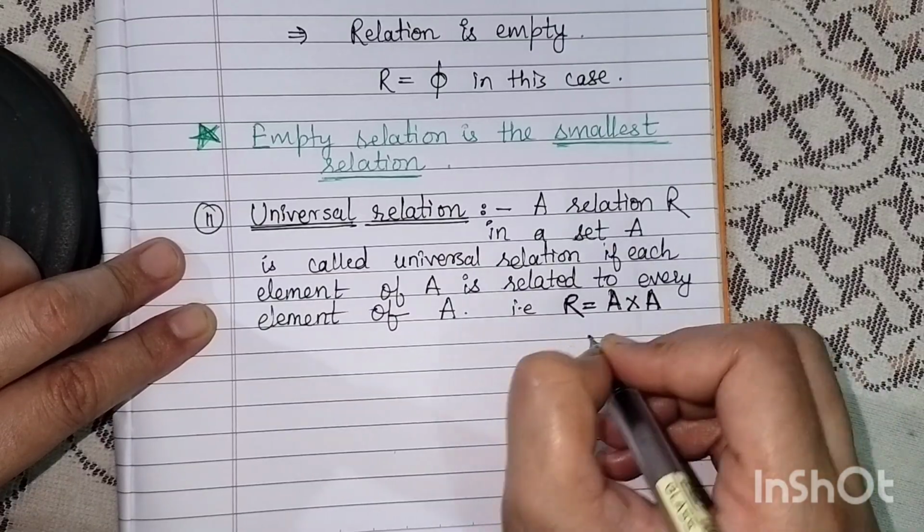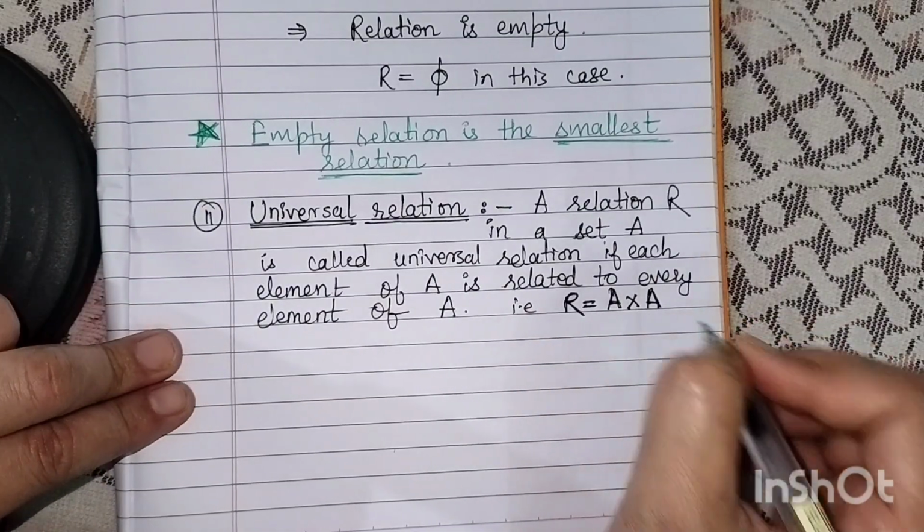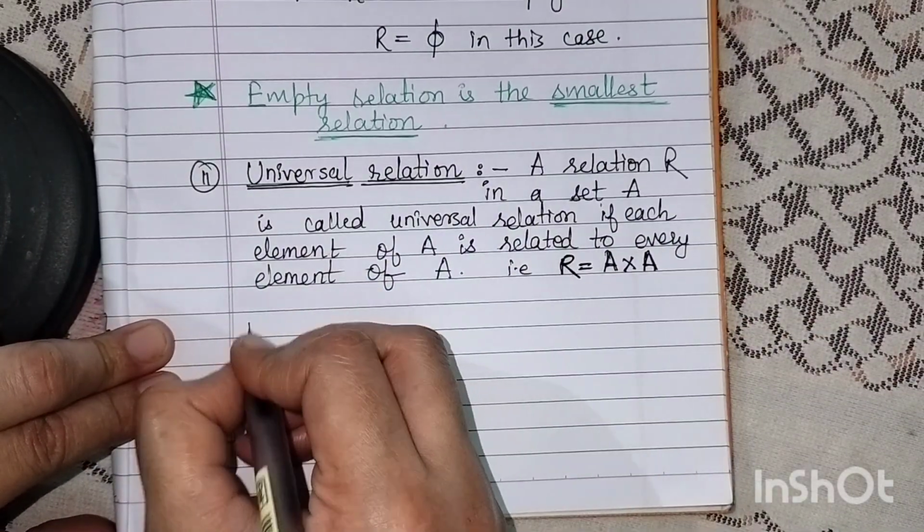So this R becomes the whole of A cross A. Okay, so let's understand this by one example.